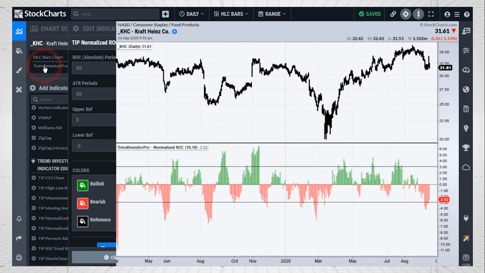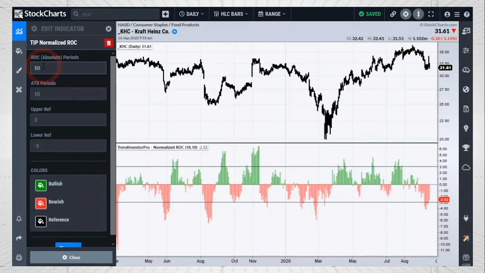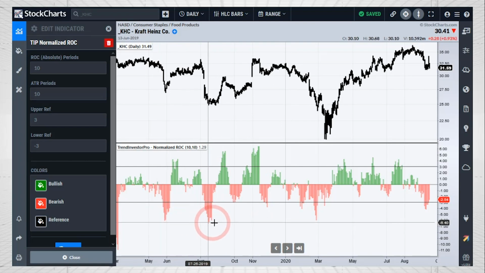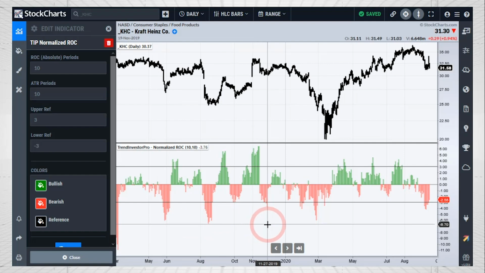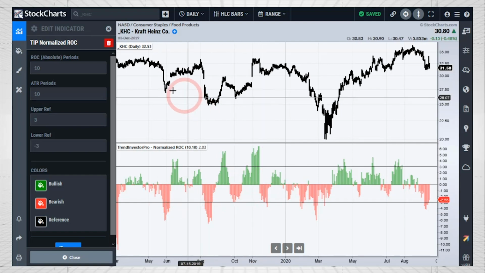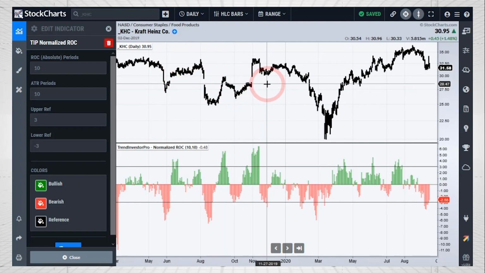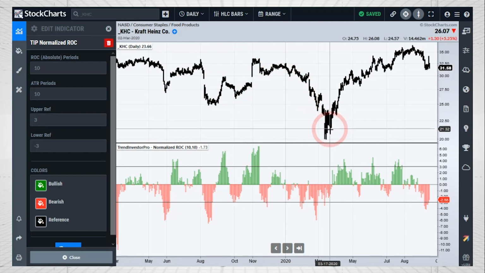So here is Kraft Heinz, and this time I've got 10, 10, 3, and -3 for the settings. And you can see that there are going to be some whipsaws here, from May 2019 up until this bearish signal in November. We had some whipsaw signals as Kraft chopped around there. But then you avoided this decline here.